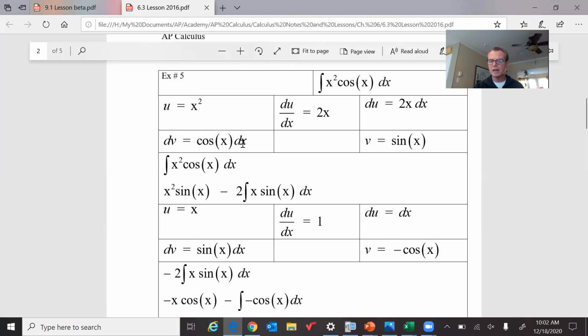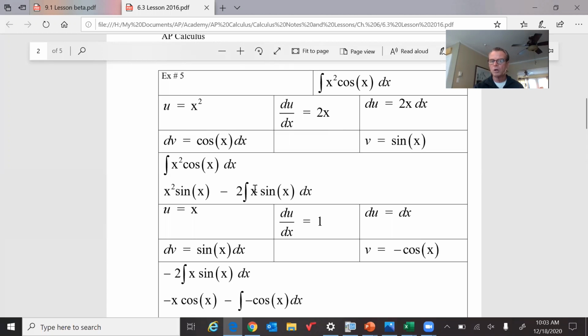Then dv is cosine x dx. When you anti-differentiate that, you get sine x. So what do you have out front? You have uv, subtract the antiderivative, ready, of v du. And I took the 2 out front, just like they did on the PowerPoint.